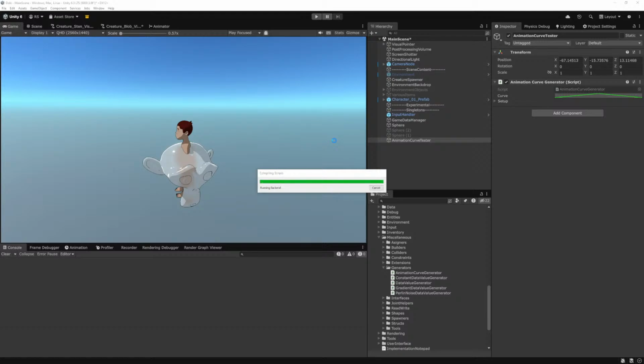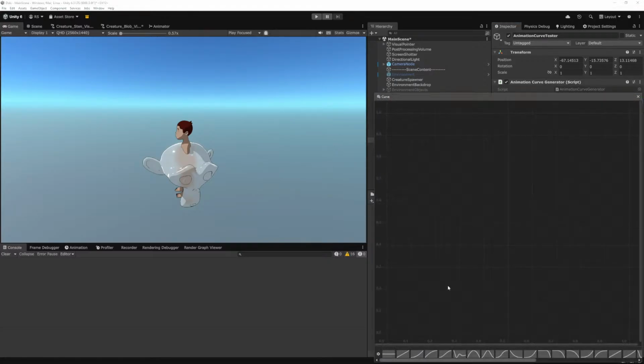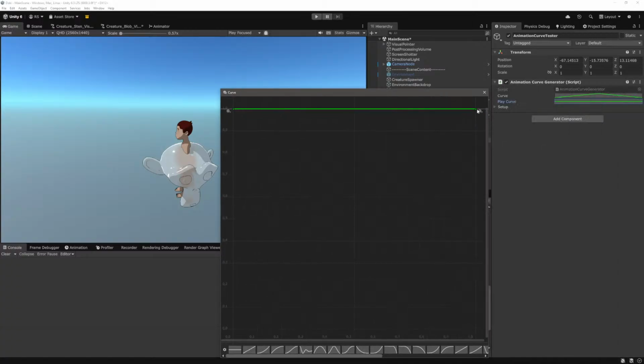For the tangents, I think I want to define them as angles instead of floats like that. So probably 0 or minus 90, 0, 90.